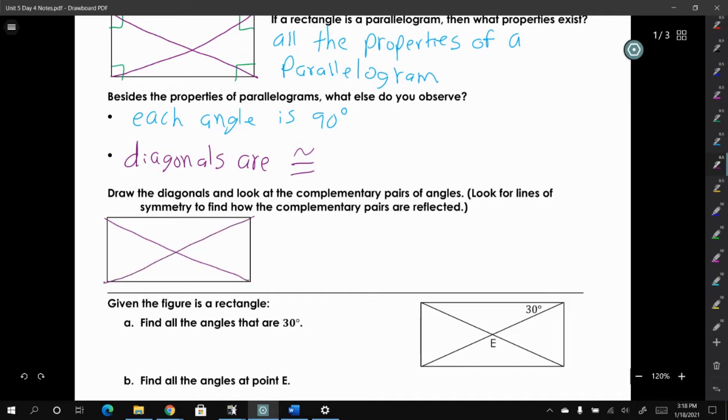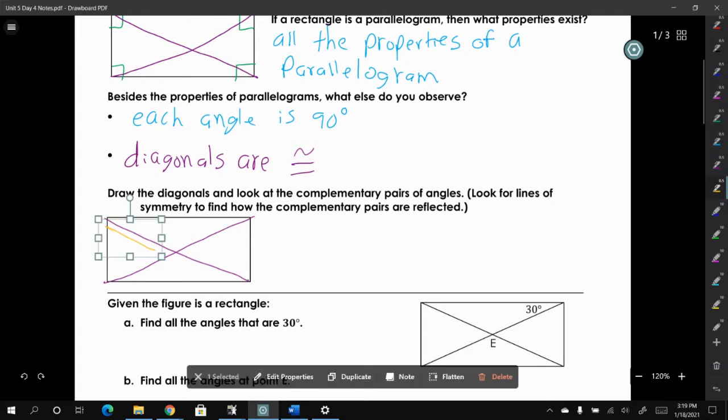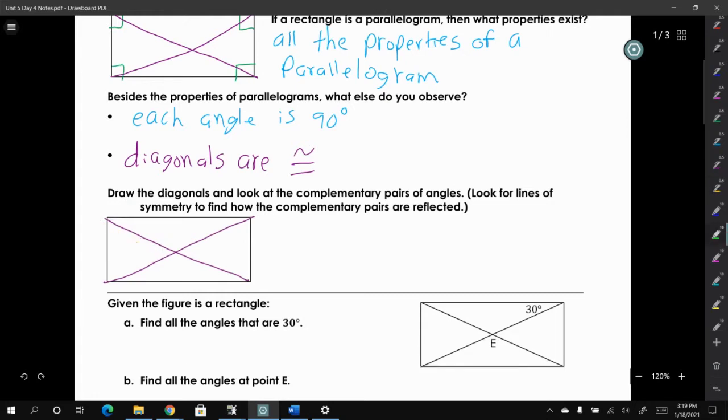And since the diagonals are congruent and the diagonals bisect each other, you actually create two sets of congruent triangles. You have these smaller triangles on the left and right. These two triangles are congruent. And these two triangles are congruent. Okay.